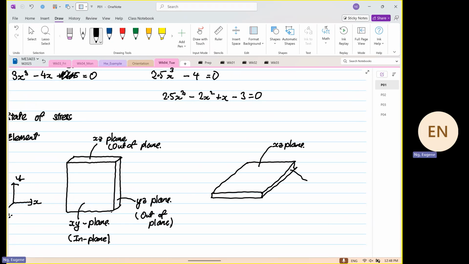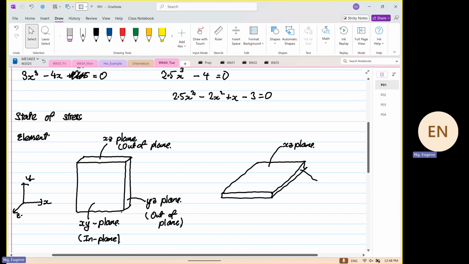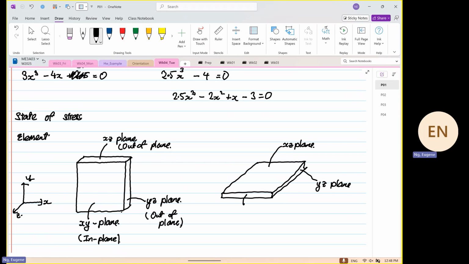And over here, this is our YZ plane. And over here, this is known as our XY plane. In this context, over here, this is our in plane, and this is our out of plane.